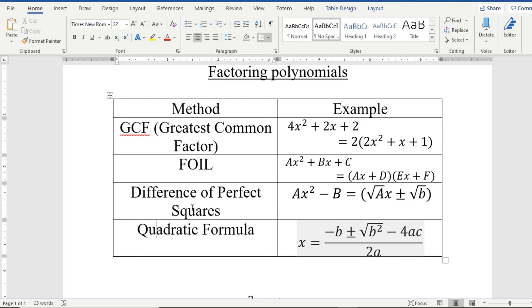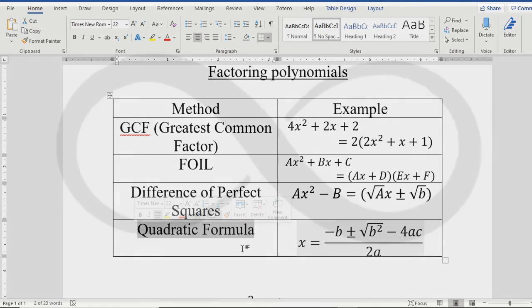If it looks special, for example, we notice that the two numbers involved are perfect squares, we can do difference of perfect squares. And if none of these three look like they're going to work, or you've tried them and they don't work, then you go straight to here, the quadratic formula.